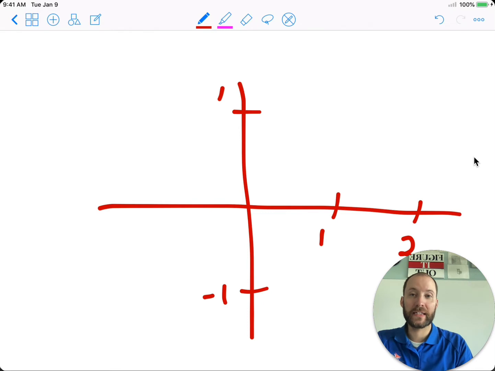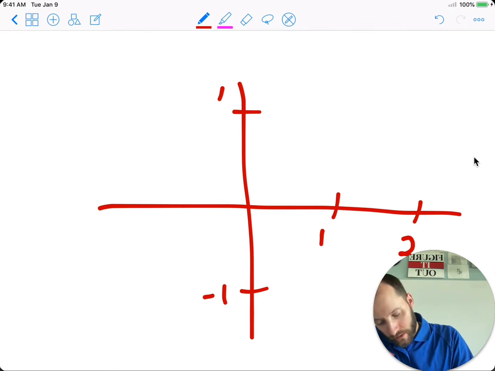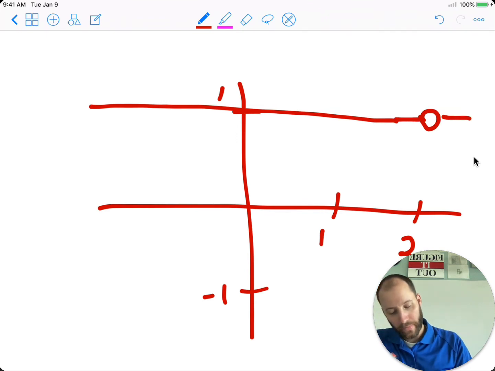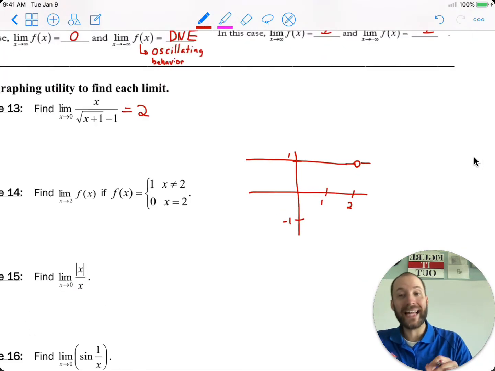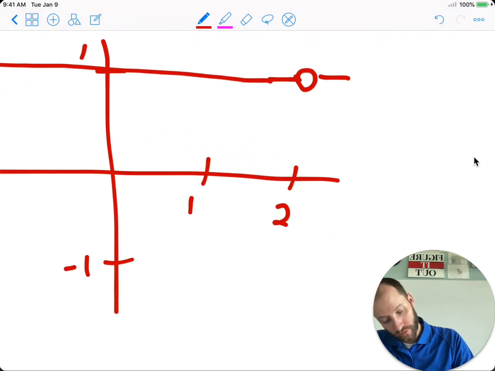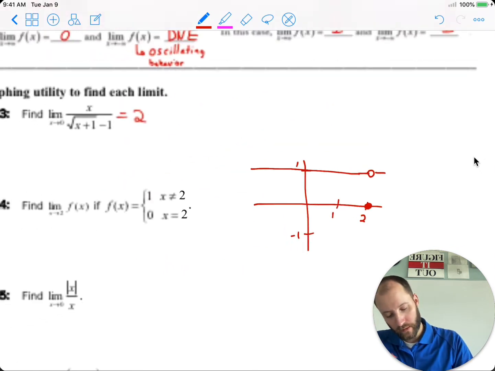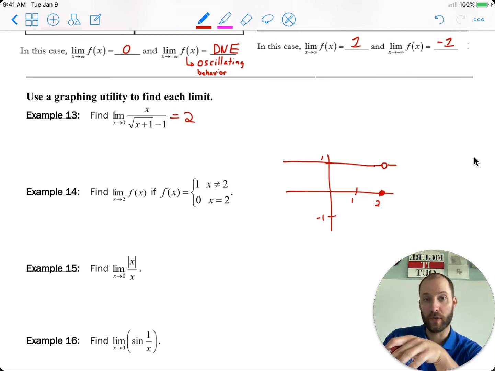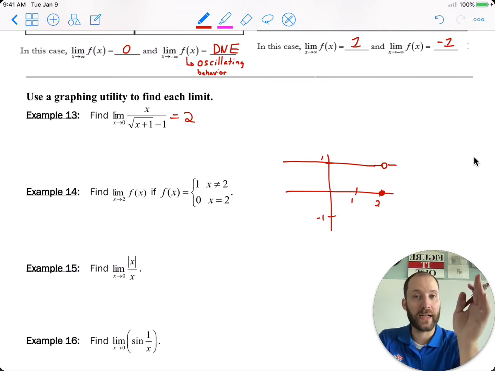So f of x is always 1 except at 2. At 2, f of x is 0. So at 2, the function is 0. But limits are not about what the function is, it's about what the function is approaching.